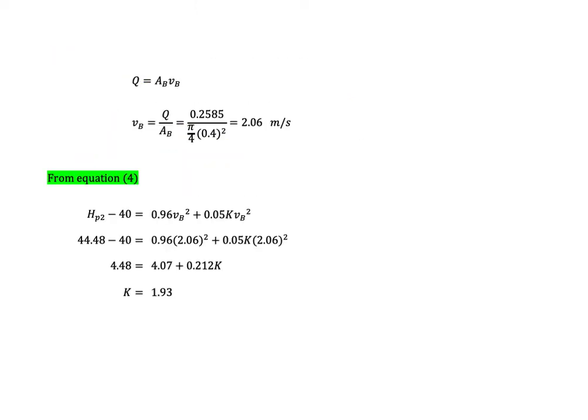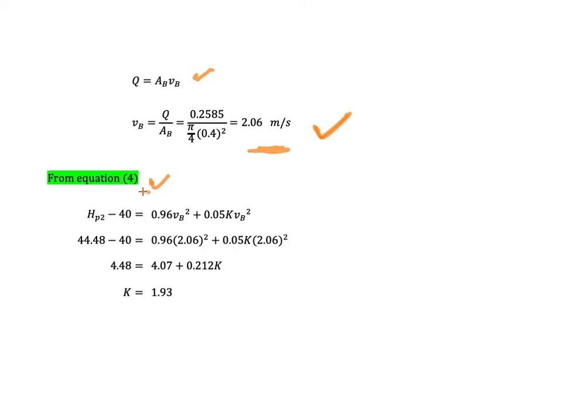And then we could determine the velocity at pipe B, meaning the velocity after pump number 2. We use this continuity equation, and then we could determine the velocity is 2.06 meter per second, which is higher compared to the velocity of fluid for pipe A. And then from this, we have two equations.